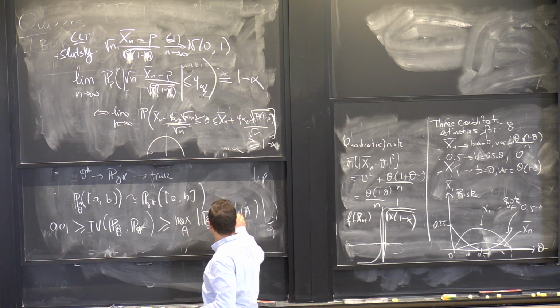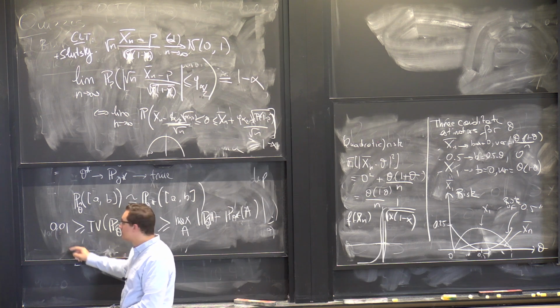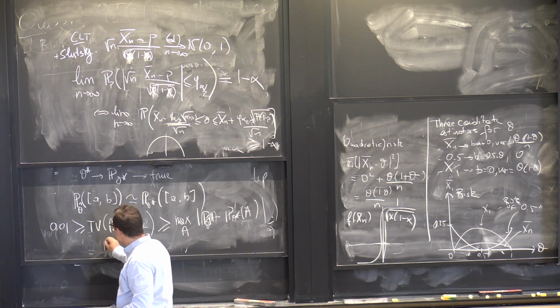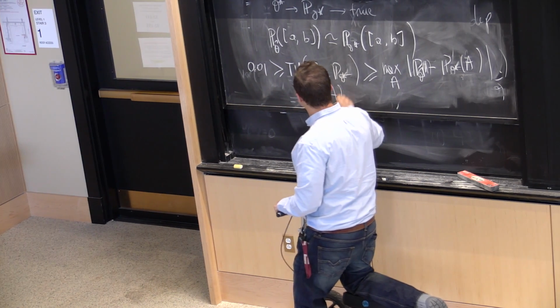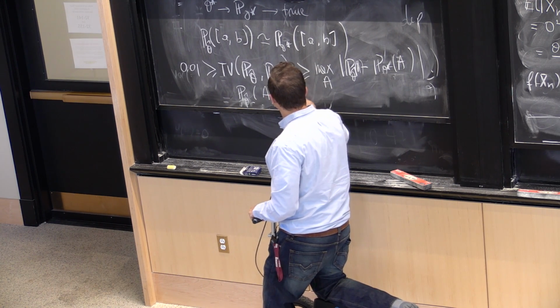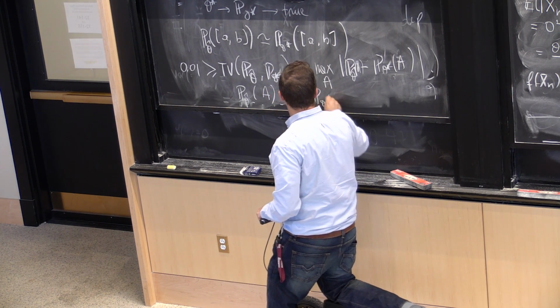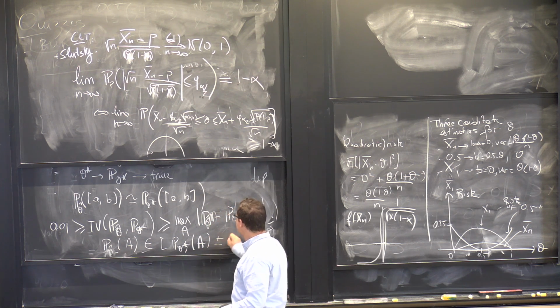Theta hat and theta star. And so if I have a bound, say, on the total variation, which is 0.01, that means that every time I compute a probability on p theta hat, it's basically in the interval p theta star of A, the one that I really wanted to compute, plus or minus 0.01.